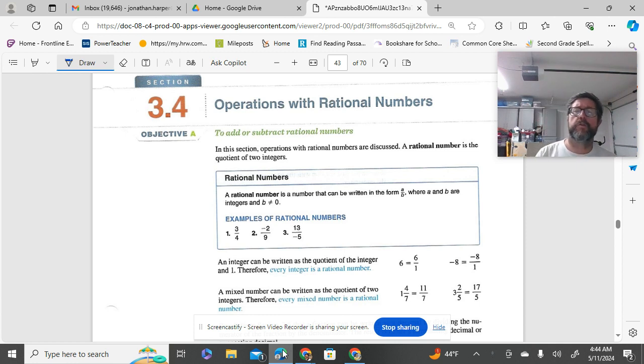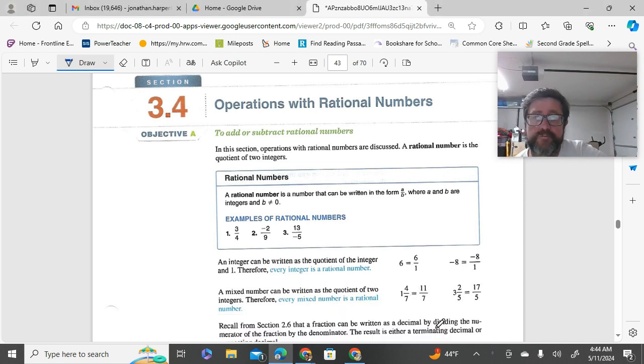We're going on to chapter 3.4, which is operations with rational numbers. In this section, operations with rational numbers are discussed.